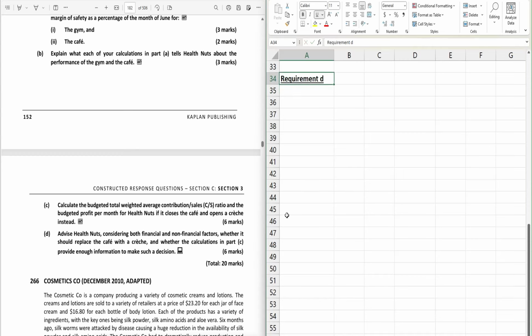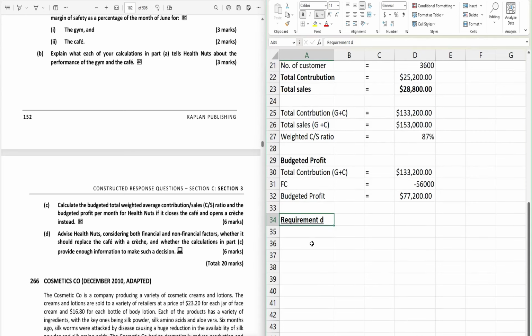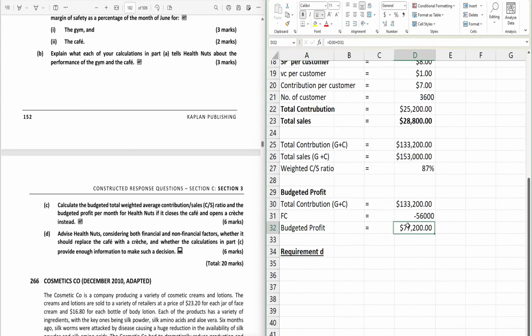The question is asking, if Health Nuts choose gym and crèche, the budgeted profit will be this, right?